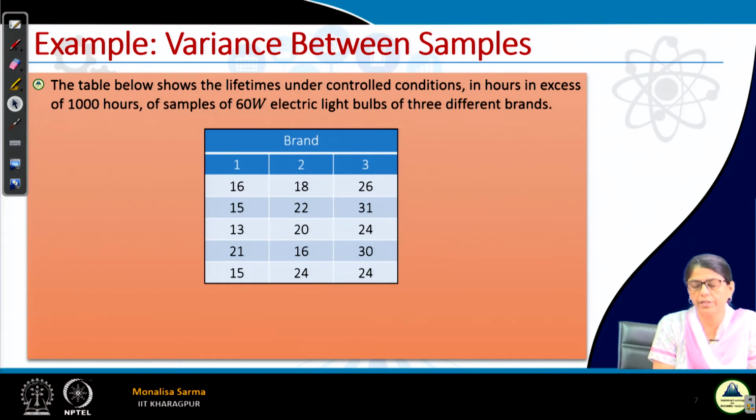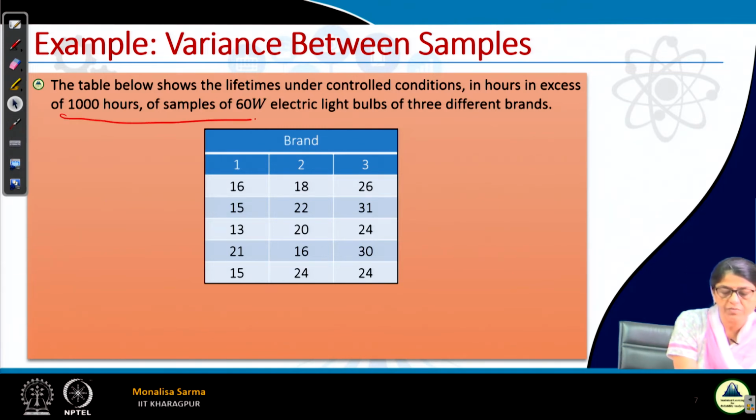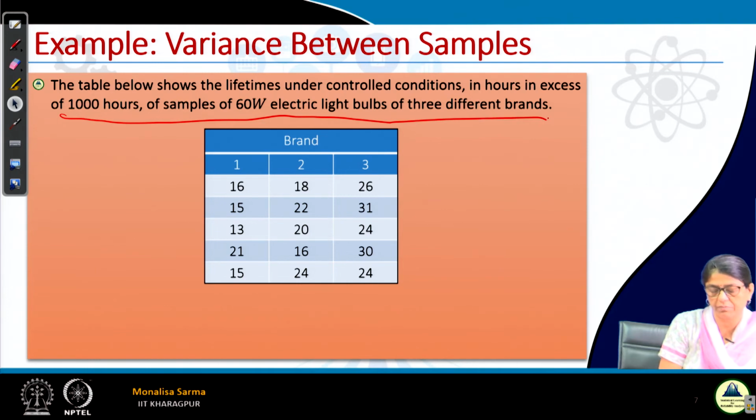The table below shows the lifetime under control condition in hours in excess of 1000 hours of a sample of 60 watt electric light bulbs of 3 different brands. So it gives us the life of the bulb in excess of 1000 hours.